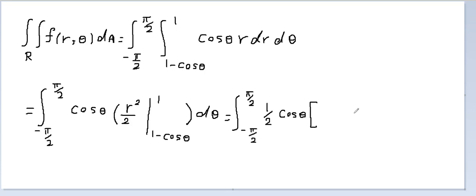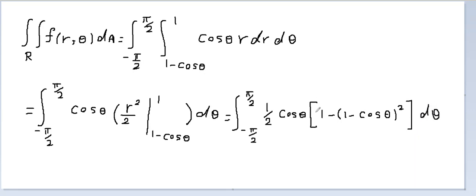When r equals 1, it is 1, minus, when r is 1 minus cosine theta, so this becomes 1 minus cosine theta squared, d theta.